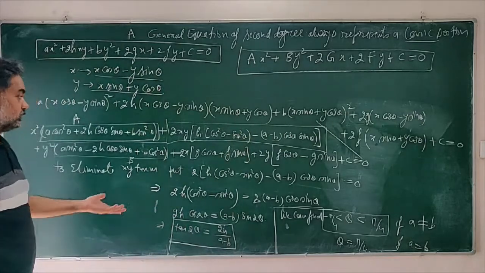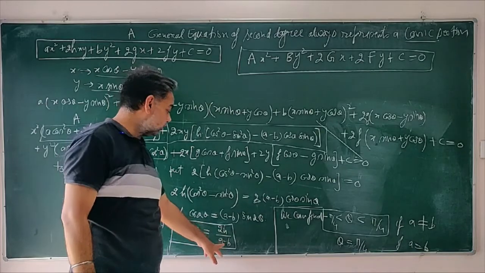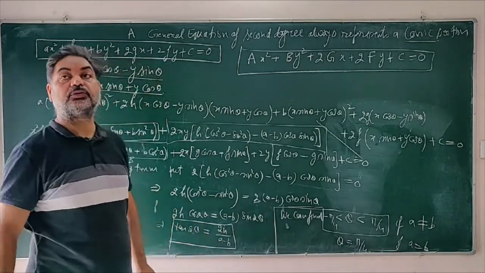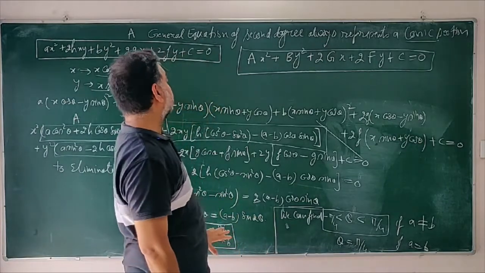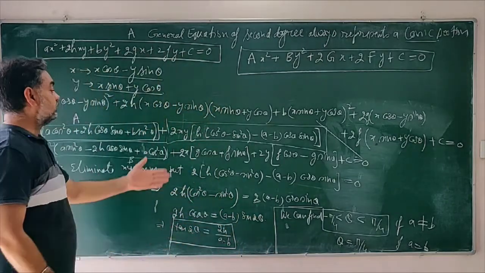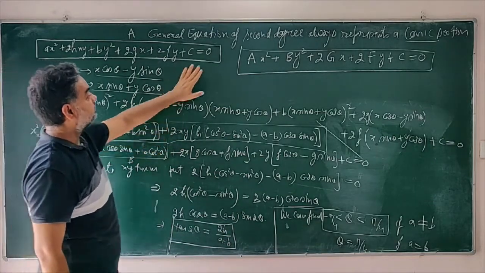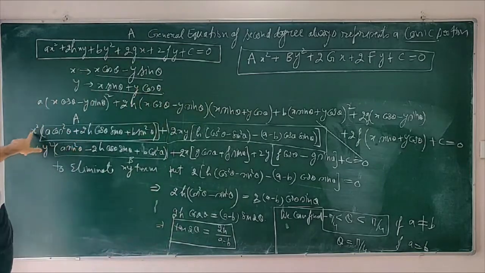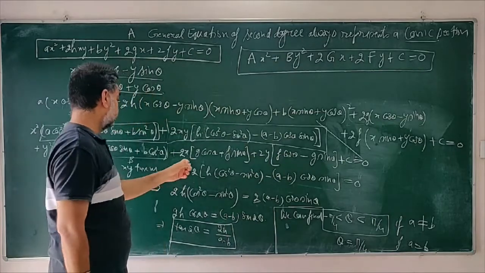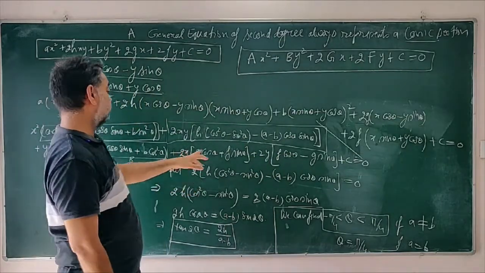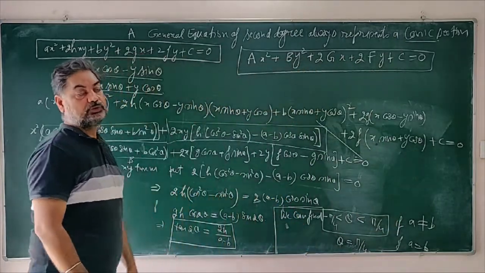If you find theta such that tan 2 theta is equal to 2h over a minus b, this kind of theta we can always find. If you put that value of theta in this equation, then the xy term would get eliminated, and this equation will become this type of equation: some constant into x square plus some constant into y square plus 2gx plus 2fy plus c equal to 0.